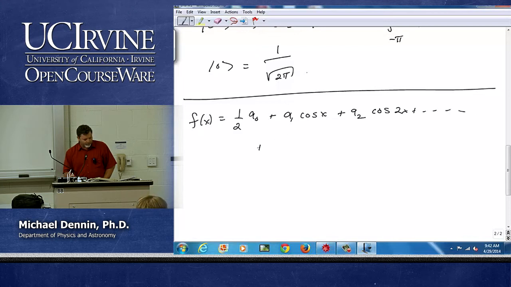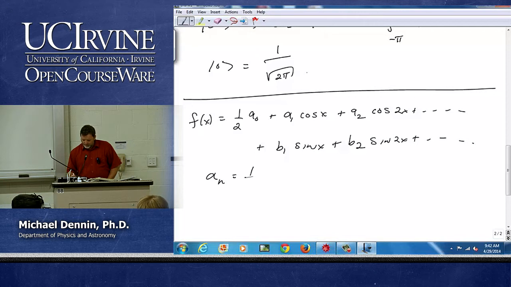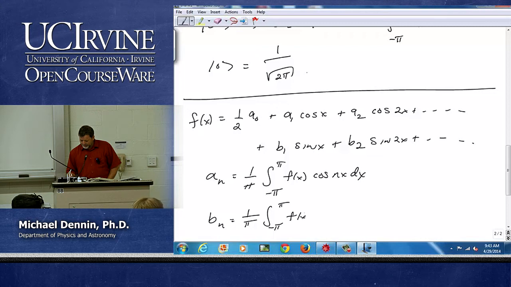That's the cosine part of the series, plus b1 sine x plus b2 sine 2x plus and so on. And then the coefficients are defined as a_n equals 1 over pi, the integral from minus pi to pi of f of x cosine nx dx. And b_n is 1 over pi, the integral from minus pi to pi of f of x sine nx dx.